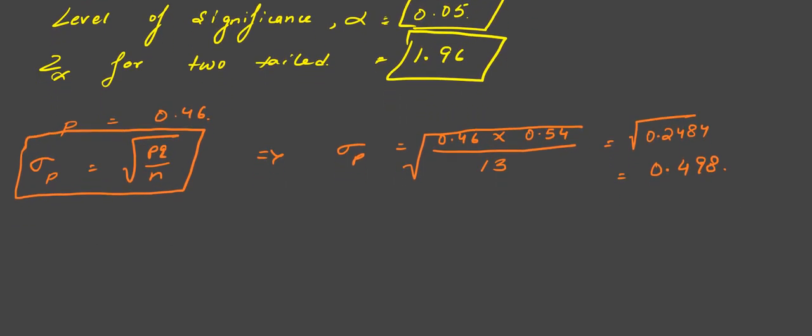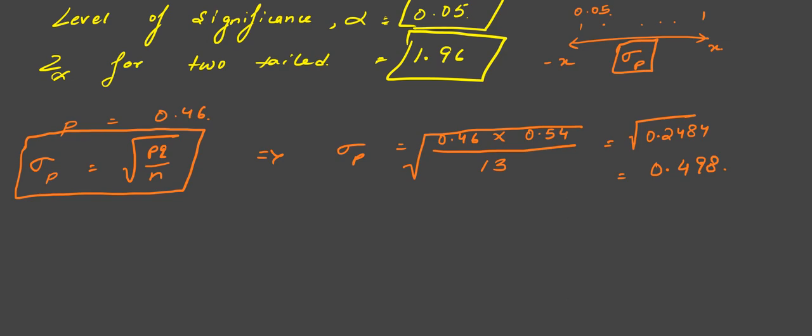Now the last process is finding the limits of the acceptance range. What is the acceptance range? It is a range, let this be minus x to x, and if our value lies anywhere in between this acceptance range, then there is no difference between the two types of collections, because here we have 0.05 significance. If we get our error of proportion in the acceptance range, we need not find any difference between the two types.